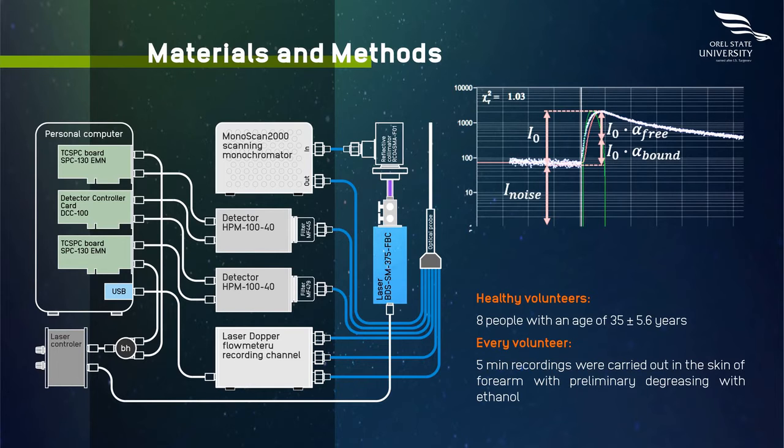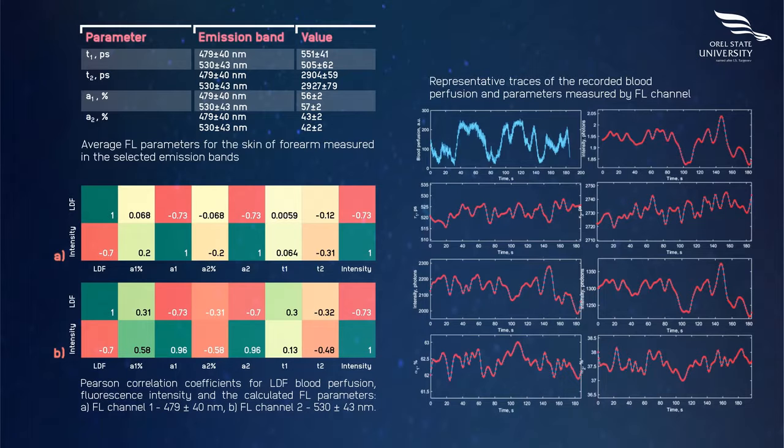For every volunteer, 5-minute recordings were carried out in the skin of the forearm with preliminary degreasing with ethanol. Representative traces of recorded blood perfusion and parameters measured by the fluorescence lifetime channel with an emission filter of 530 nanometers are shown on the slide.